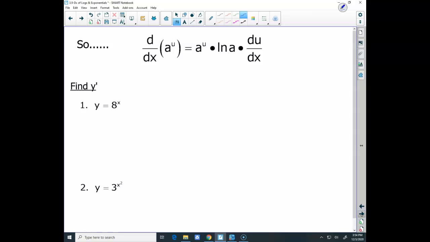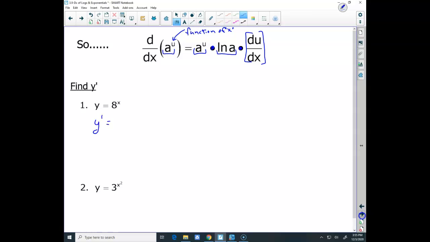Because more often than not, that exponent, guess what? It's a function of x. So how do I take that derivative? Well, check it out. The derivative of a to the u is a to the u times the natural log of whatever number that base is times the derivative of the exponent when it's bigger than x, right? A couple examples here. We just did one like this.